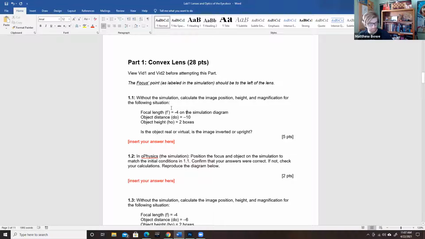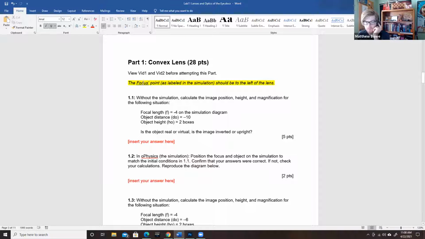So for example, let's do this first one. Focal length f' is -4. We have to read this thing at the top, though. Let me highlight that. Focus prime is labeled in the simulation, and should be on the left of the lens.